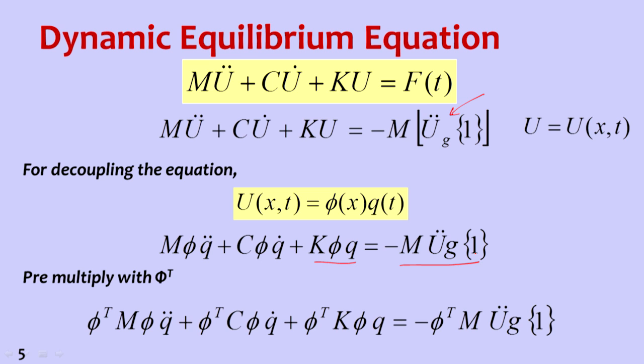Then we pre-multiply this with phi transpose, which we do for decoupling these equations. The damping matrix is coupled and the stiffness matrix is coupled. That's the reason why our three equations are coupled equations, so we need to decouple. This decoupling is done by using the orthogonality property of the mode shape.